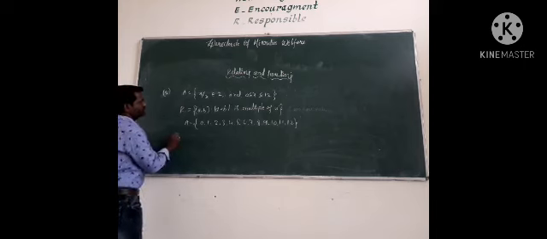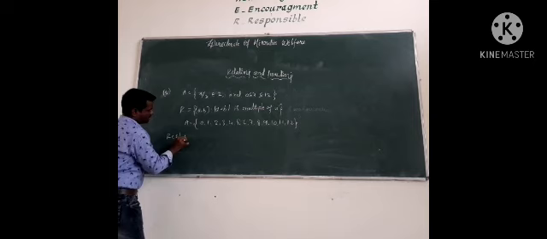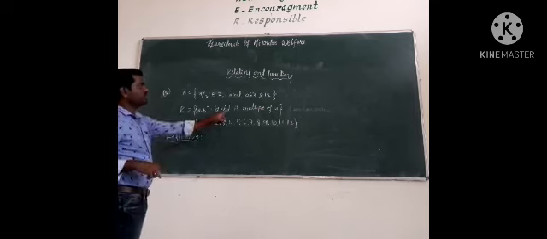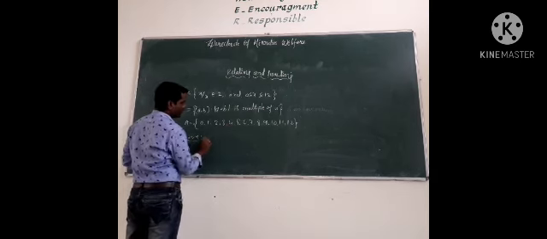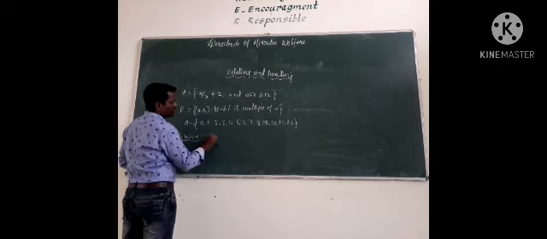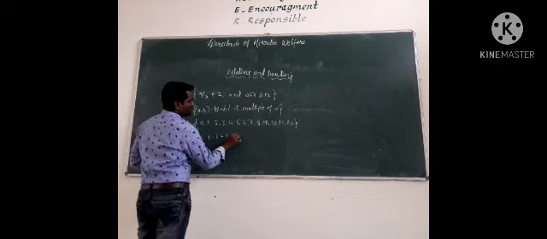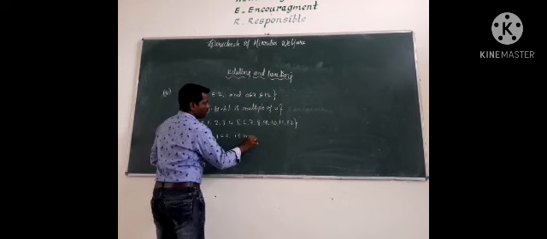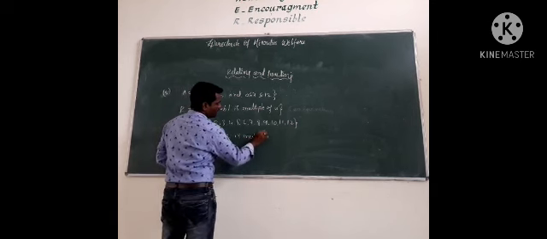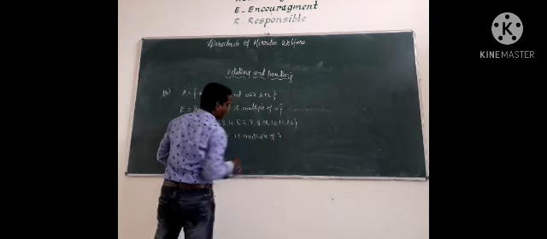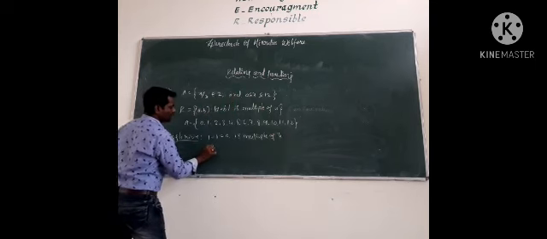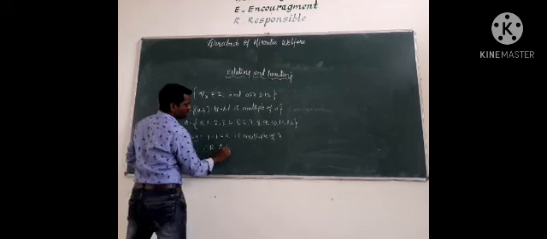Now reflexive. Here a minus b is a multiple of 4. 1 minus 1 equal to 0. 0 is a multiple of 4. Therefore, R is reflexive.